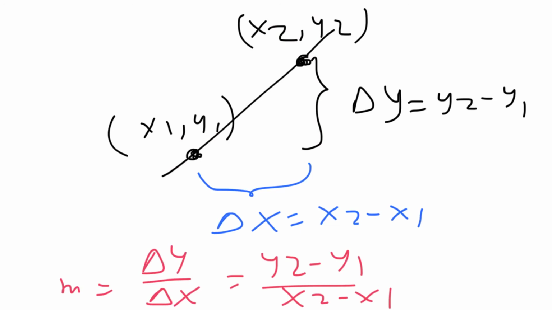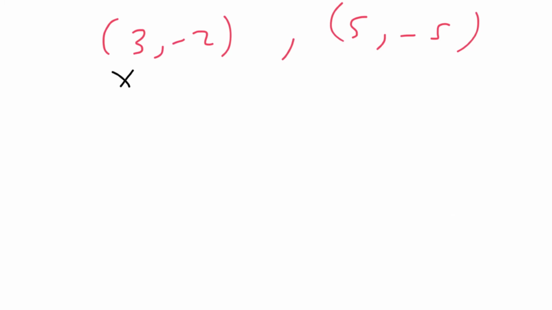So let us see our line. If I give you these 2 points, for example, 3 and minus 2 is the first point, and the second point is 5 and minus 5, and ask you what is the slope. The first thing you do is decide which is the first point and which is the second point. If you decide this is the first point, x1, y1, and this is the second point, x2, y2, so that you don't get confused, then apply the formula.